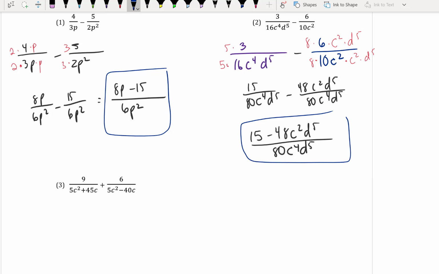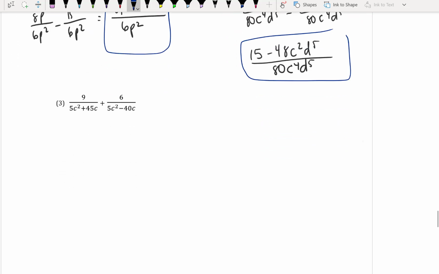Okay. All right. Now looking at number 3, I'm going to have to factor out each denominator differently. So I'm going to look at this first fraction. I'm going to factor out that denominator. So it looks like my GCF is a 5c. So I'm left with a c plus, and then 45 divided by 5 would give me that 9.